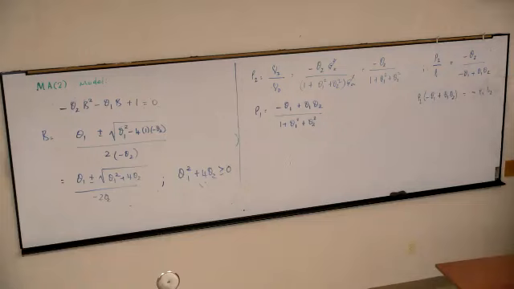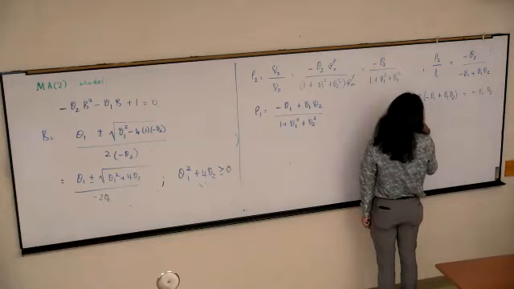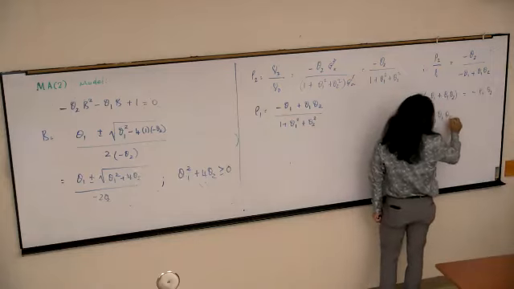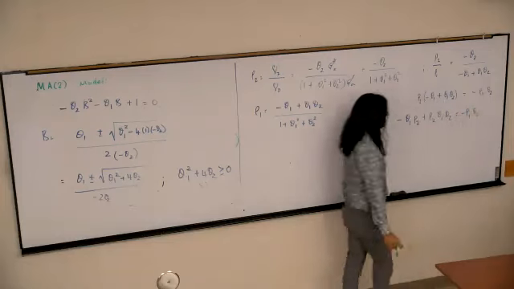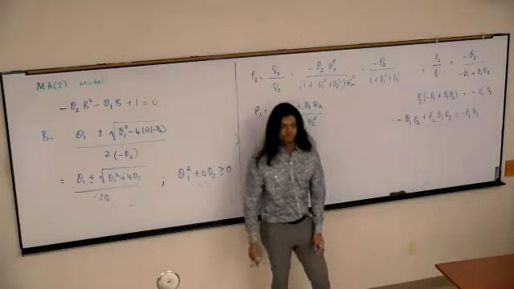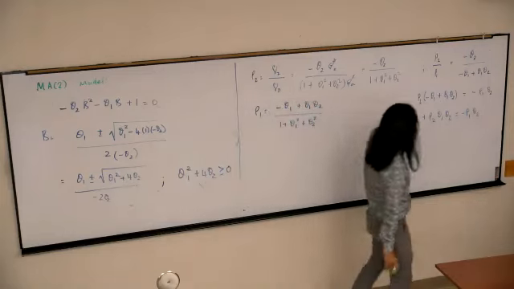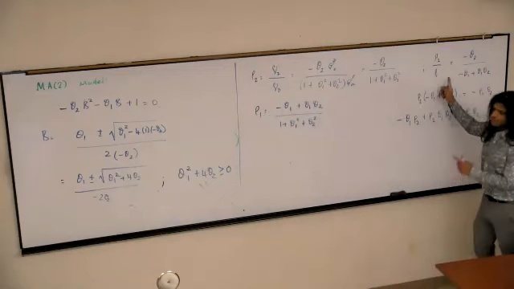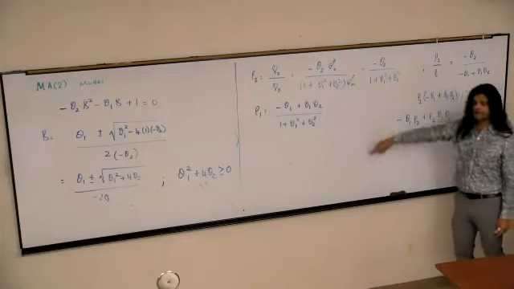Cross multiply: negative theta 1 rho 2 plus rho 2 theta 1 theta 2 equals negative rho 1 theta 2. How did I get to that step? I simply divided rho 2 by rho 1.